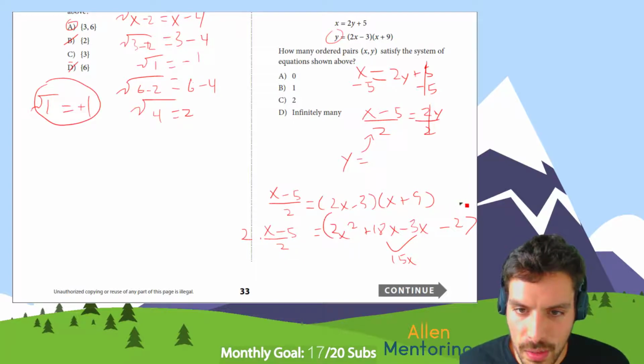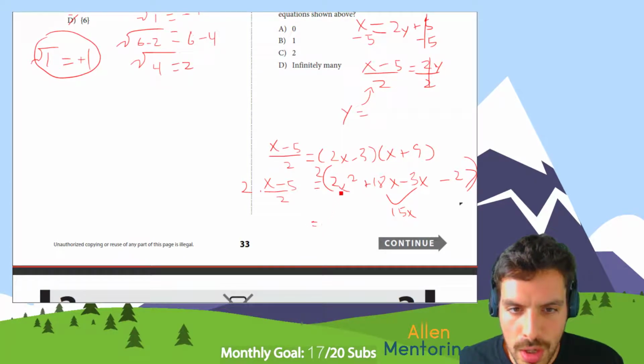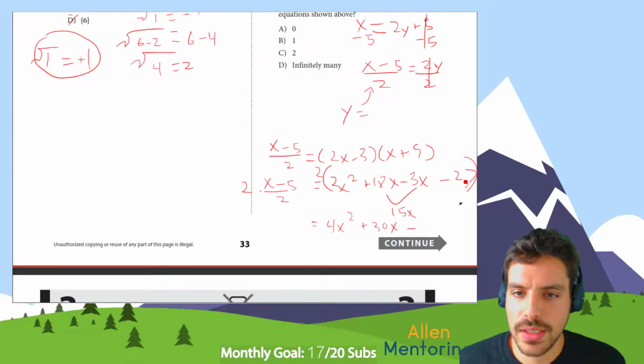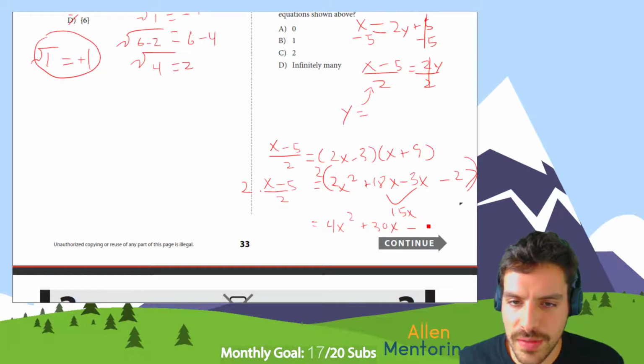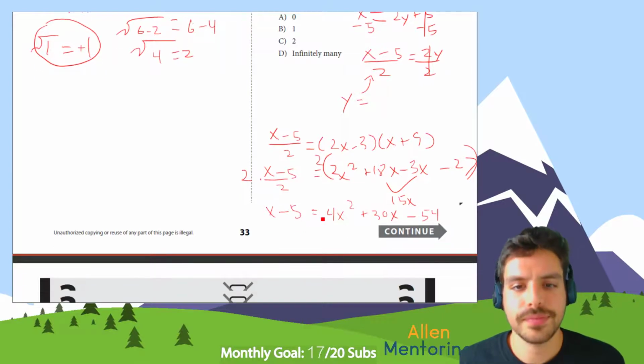So if you're following along, this is 4x squared, and then 15x times 2 is 30x, minus 27 times 2 is 54. And that's equal to x minus 5.